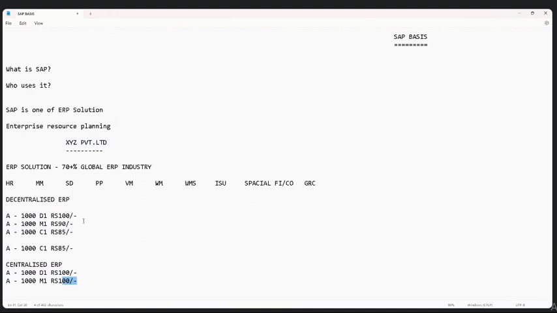On top of it, considering the previous decentralized scenario, these Delhi, Mumbai, Chennai people have taken their orders, prepared them, and they would sync with the real business at certain intervals, like maybe at the day end or month end, when their department head or the sales head would say, I want to see what sales you have procured, what sales leads you've procured. At that time, these guys would say, I've taken this, this, and this. And by that time, almost the entire day or a month is already gone.